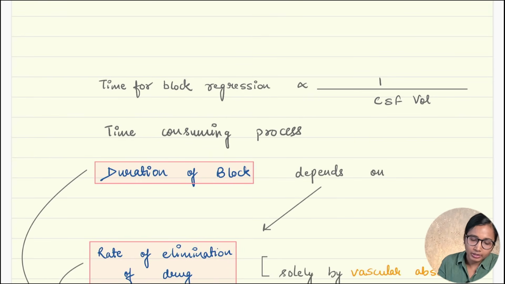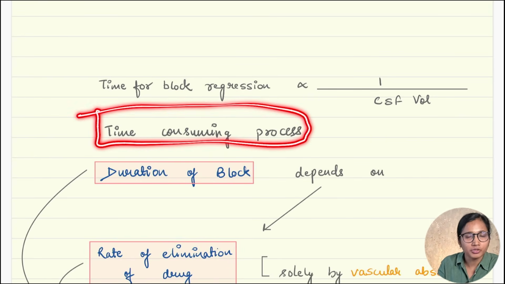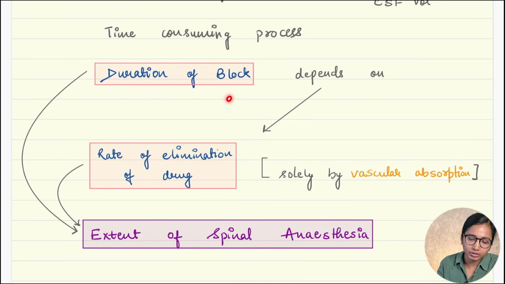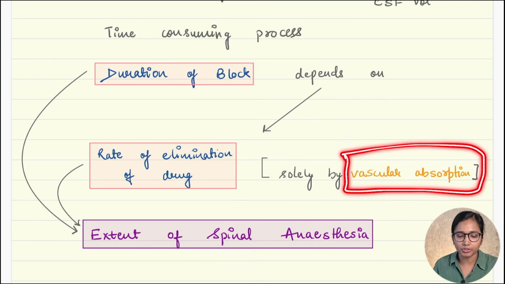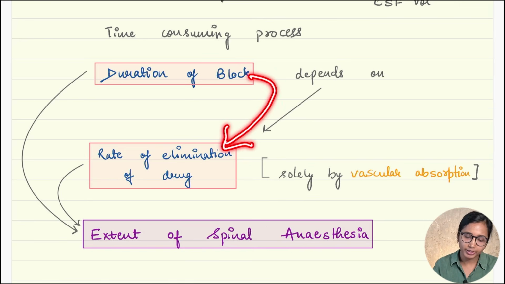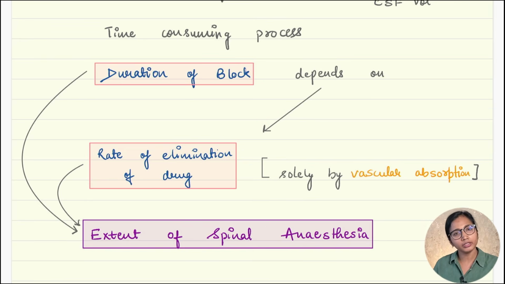Drug elimination is a time consuming process, and the duration of block depends on the rate of elimination of the drug, which is solely by vascular absorption. Earlier the drug gets eliminated, the less will be the duration of block.